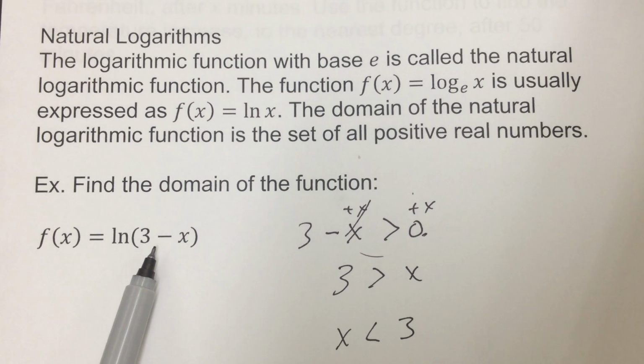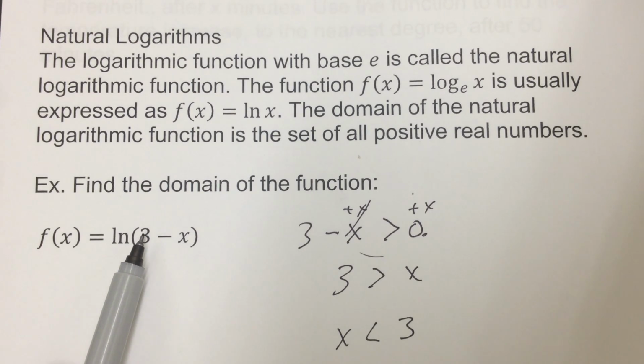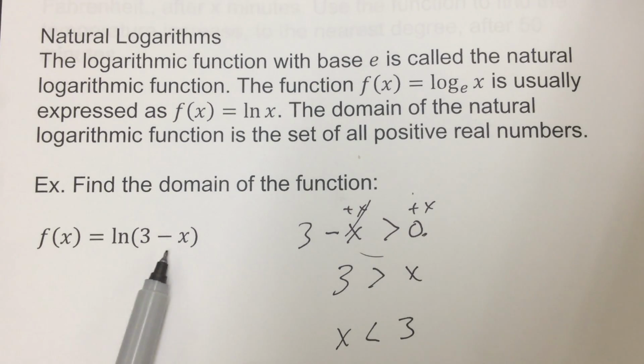Which makes sense because we have a negative x, so that should flip it over. So instead of being all the positives, we're going to be the negatives. And then because it's plus 3, we're shifted to the left 3. So we're going to be opposite way here because of the negative on the x.